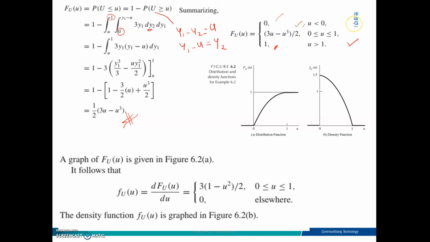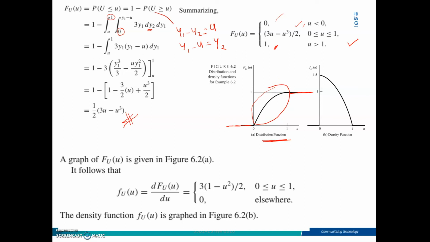This can also be shown using figure 6.2. You can see u is between 0 and 1 as well. If u is less than 0, it is 0 here; if u is greater than 1, it is 1 here; and in between 0 and 1, this is the graph. So that is the distribution function.